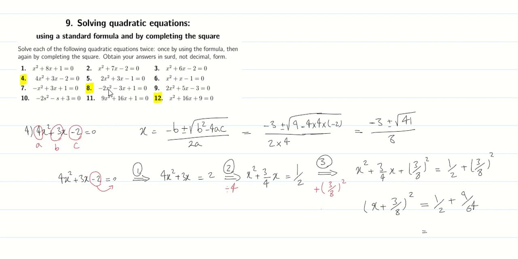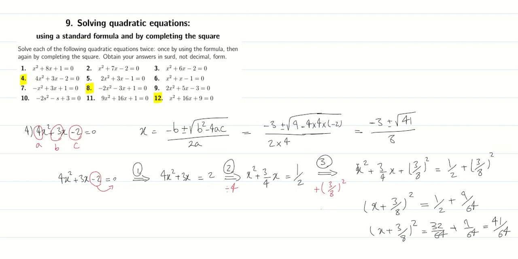So I'm just going to write the first fraction as 32 over 64 plus 9 over 64. Then if you add them up, it would be equal to 41 over 64. And we had x plus 3 over 8 squared on the left hand side as well.